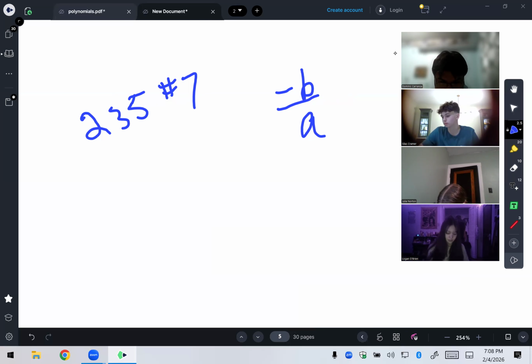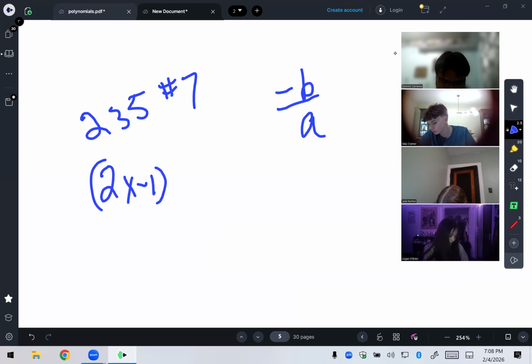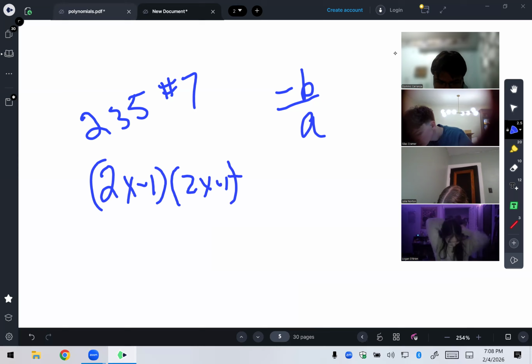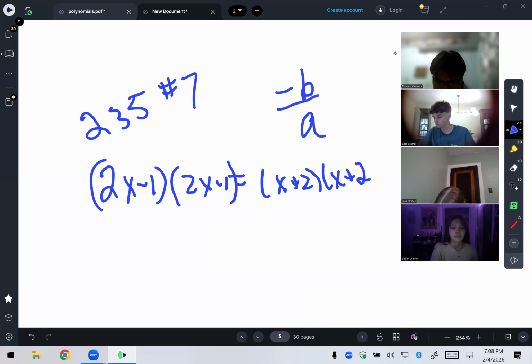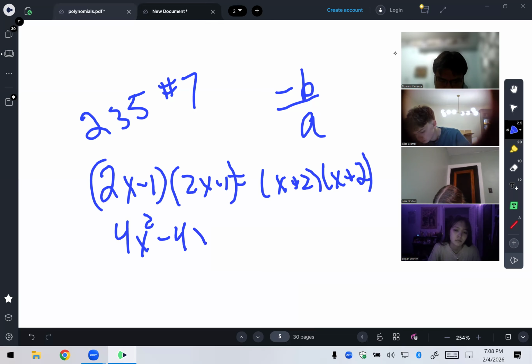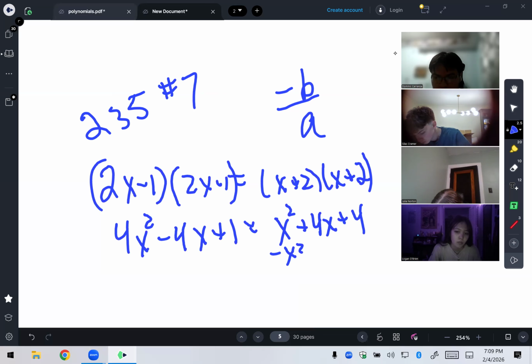Okay, so our problem is 2x minus 1 times 2x minus 1 equals x plus 2, x plus 2. That gives us 4x squared minus 4x plus 1 equals x squared plus 4x plus 4, right? Okay, so we subtract an x squared.